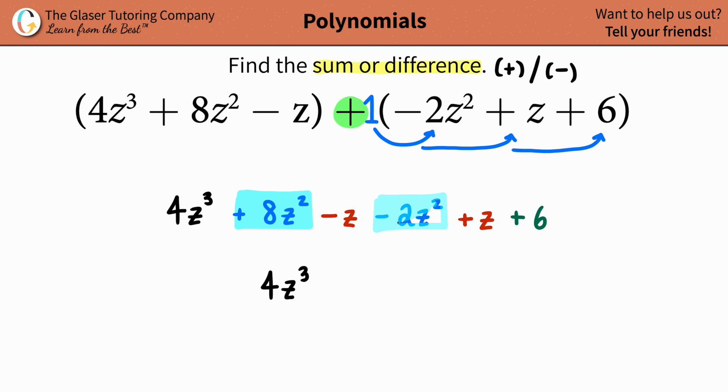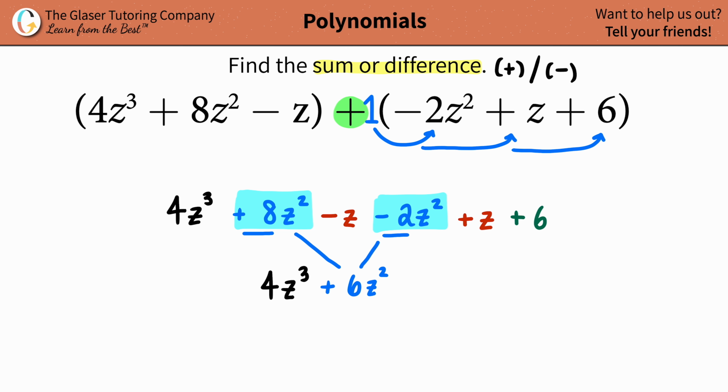So we're just going to add or subtract them. It just depends on what you're doing. But 8 minus 2 is 6. So plus 6z squared. When you're adding or subtracting polynomials, the variable part doesn't change. So you just care about those numbers. Plus 8 and a minus 2. That's a total of 6.